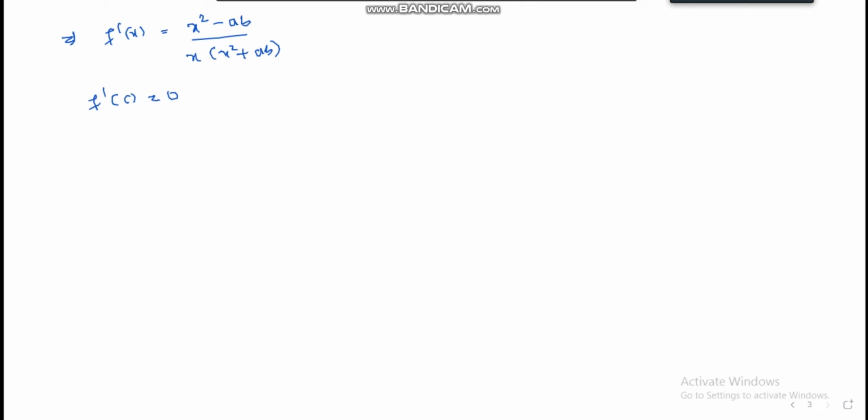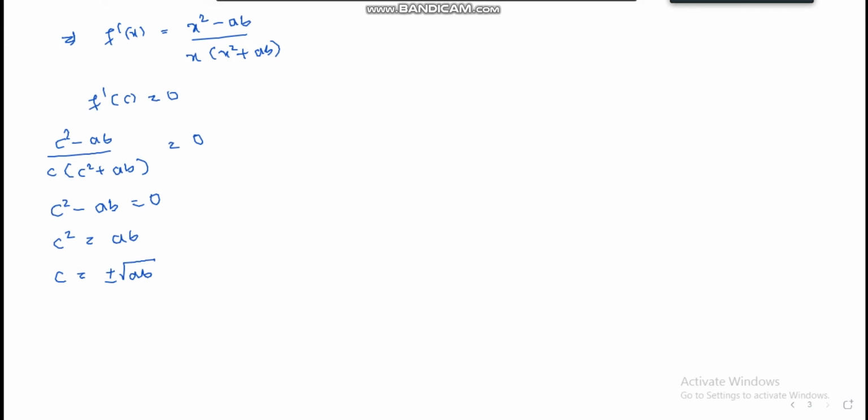So (c² - ab) divided by c into (c² + ab) is equal to 0. We transfer the denominator, so we get here only c² - ab is equal to 0. Only c² is equal to ab. c is equal to plus or minus square root of ab.